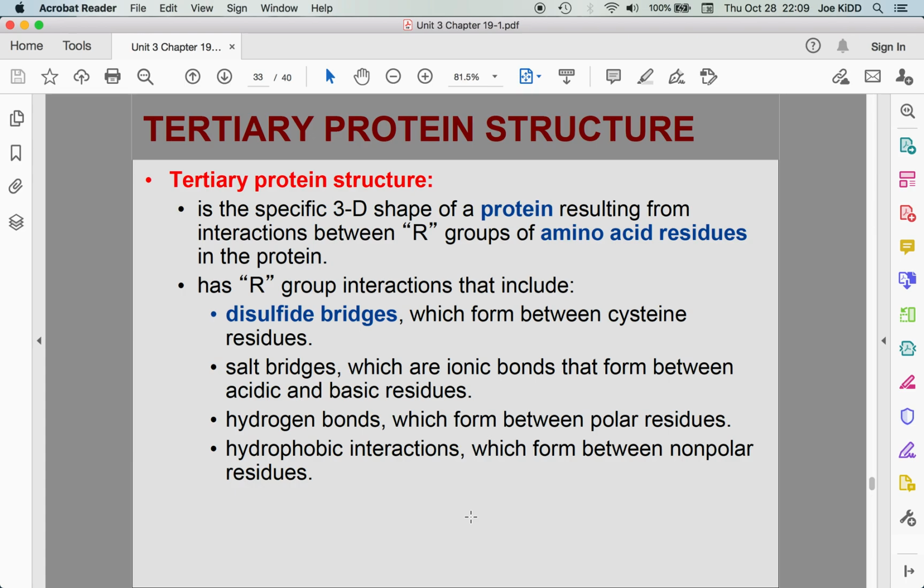A salt bridge, this would be where basically an acidic amino acid would form an ionic bond with a basic amino acid. We could have hydrogen bonding occur, if they're two polar molecules, or we could have hydrophobic exclusion interactions between nonpolar residues.